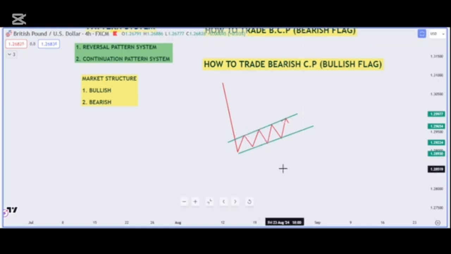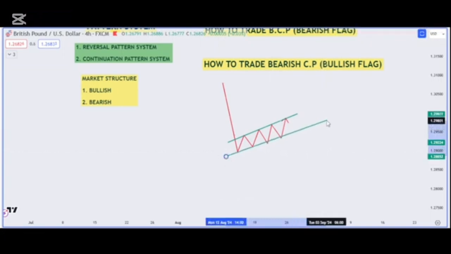Now, after you have confirmed that, all you have to do is use your trend line, draw your trend line on the body like this. When you are done with that, wait for price on 1 hour or on 30-minute time frame, a bearish candlestick to close below this line like this.